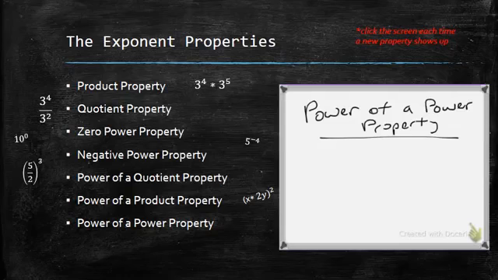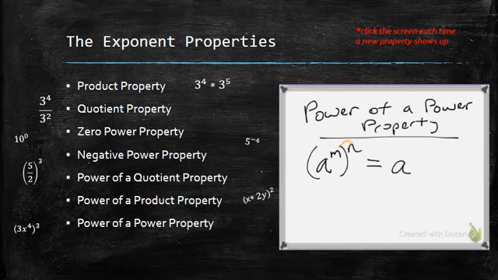So lastly, let's take a look at the power of a power property. The power of a power property is when you have a power raised to another power. And what it tells you to do is distribute that power: your original power is m, times n, whatever power you are raising it to. So a to the m times n power, or you could look at it like this, a to the m, to the n power.